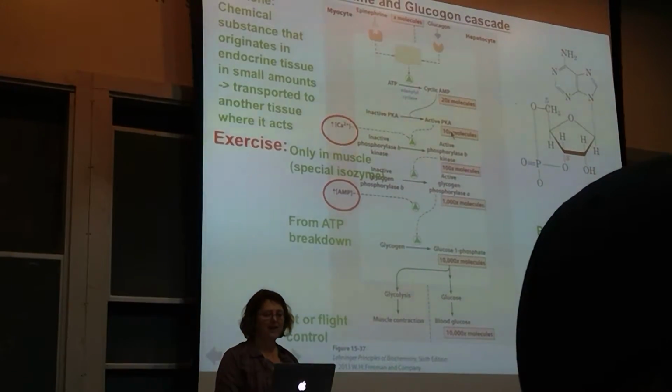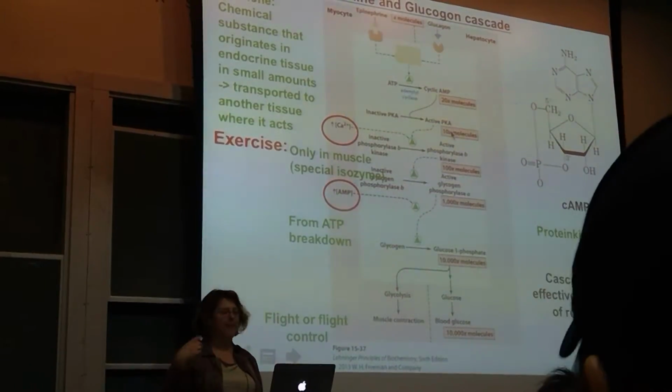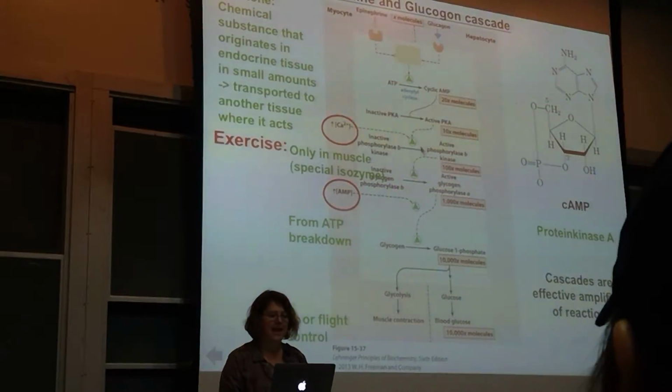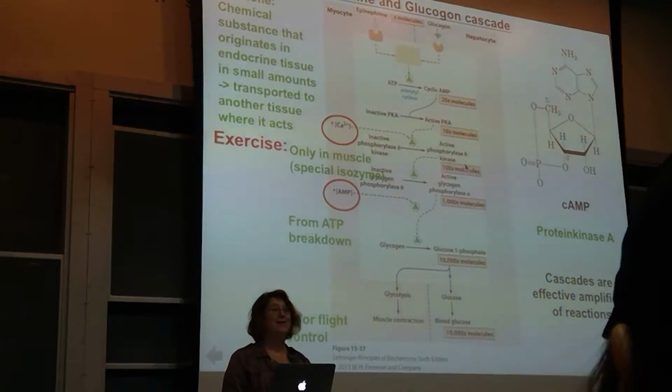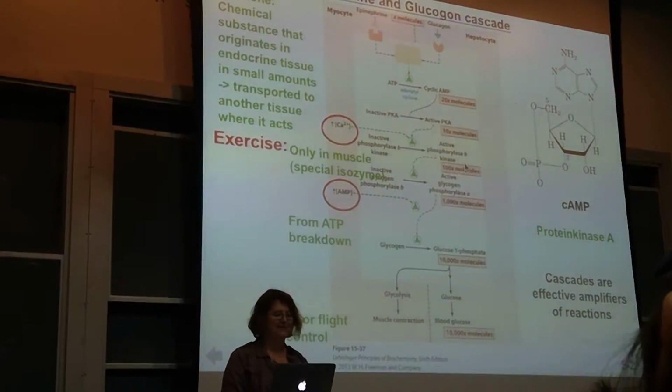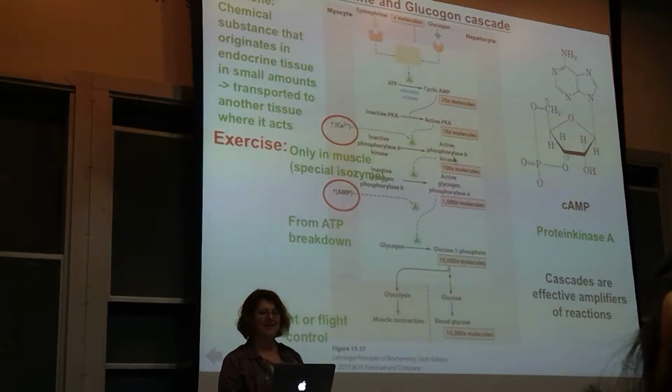And then the protein kinase, when it's more active, is rapidly turning over, and it is then activating phosphorylase B kinase, so another kinase, which then gets even more active. Every time, there's like a tenfold increase or even more in activity.